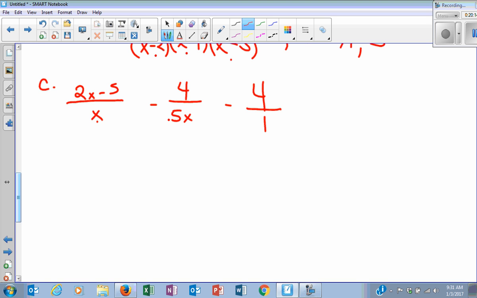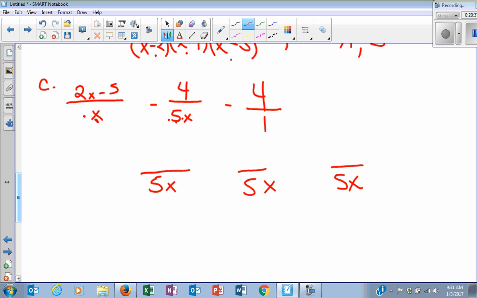In order for them to have a common denominator, what does this have? It has an x. What does this have? It has a 5x. So this is basically 5 times x. So my least common denominator is going to be 5x.